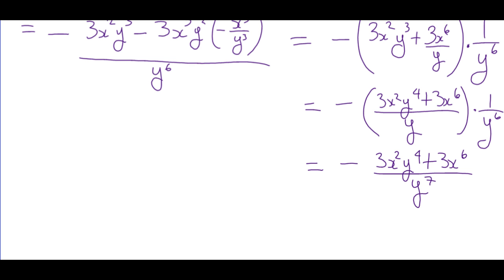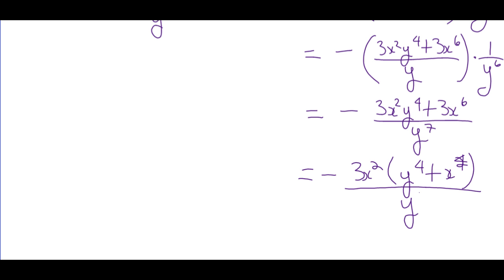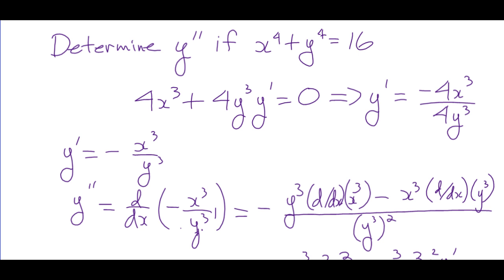Common factor of 3x squared is going to come out on top. So we just got one more negative. So we got 3x squared, common factor, y to the 4th plus x to the 4th over, oh wait, we know what this is. y to the 4th plus x to the 4th, it's 16.